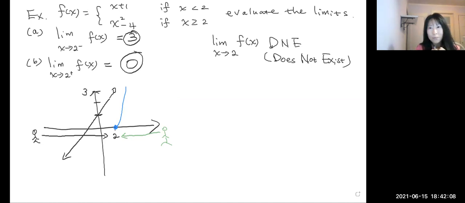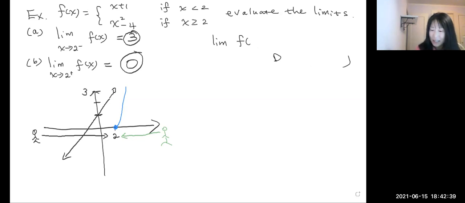So there's a limit if you go from a certain direction, but not in both directions? Yes, because they have to match. If you're just looking at it coming from the right, you get one point, and coming from the left, you get a different point.